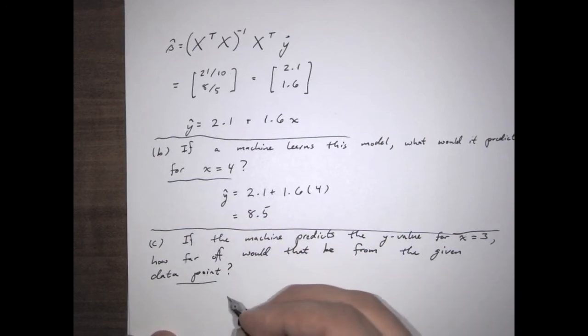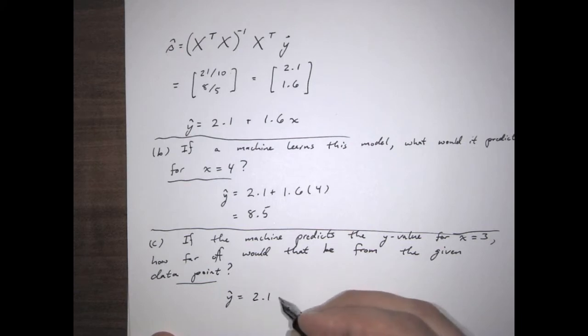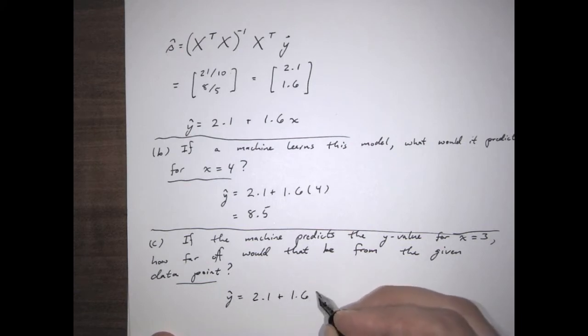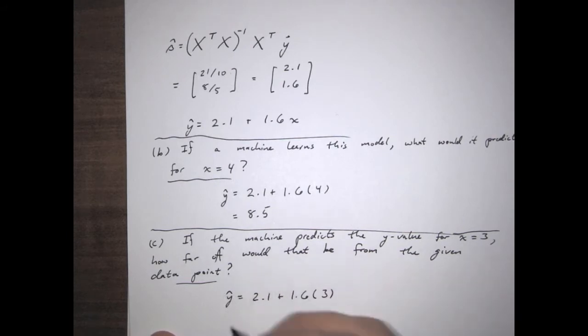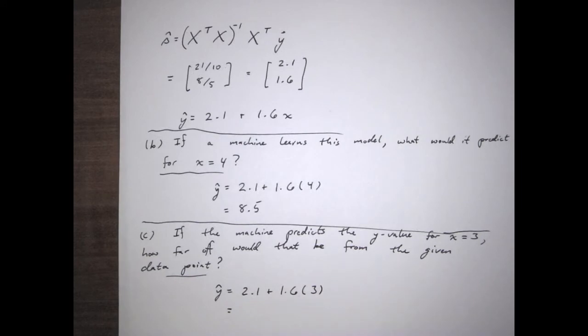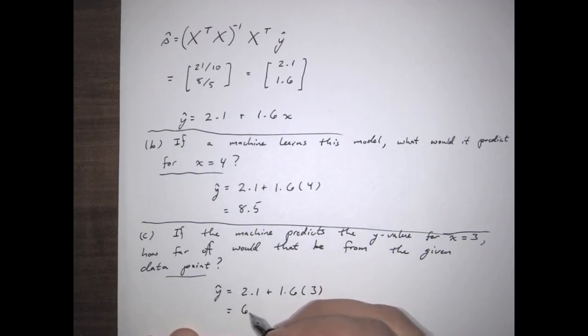Well, let's see. If y hat equals 2.1 plus 1.6 times 3, then that would be equal to, I believe, 6.9. Now the y value when x actually equaled 3 was 7.